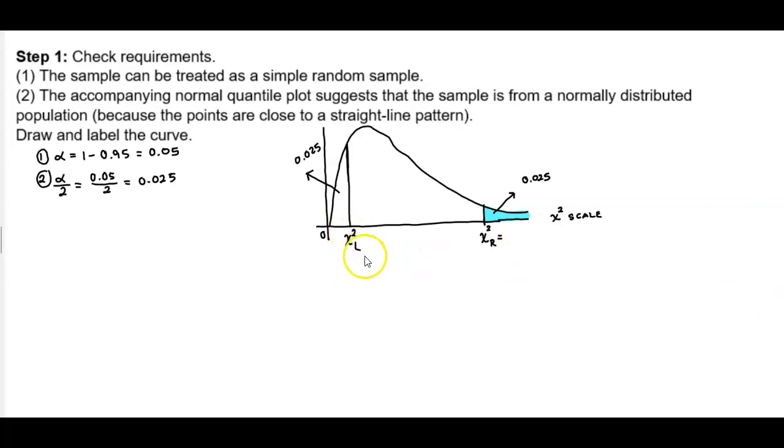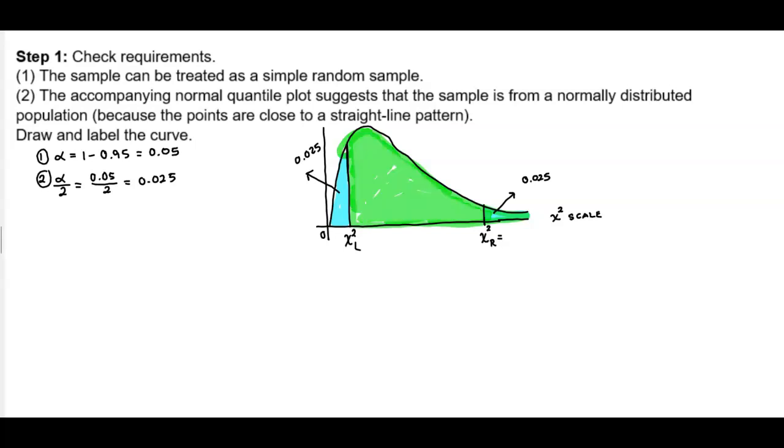Now for the chi-square on the left, it's a little different. We can see here that the shaded part to the left represents 0.025. But for the chi-square distribution, we want to find the area to the right of the critical value of the left chi-square value.